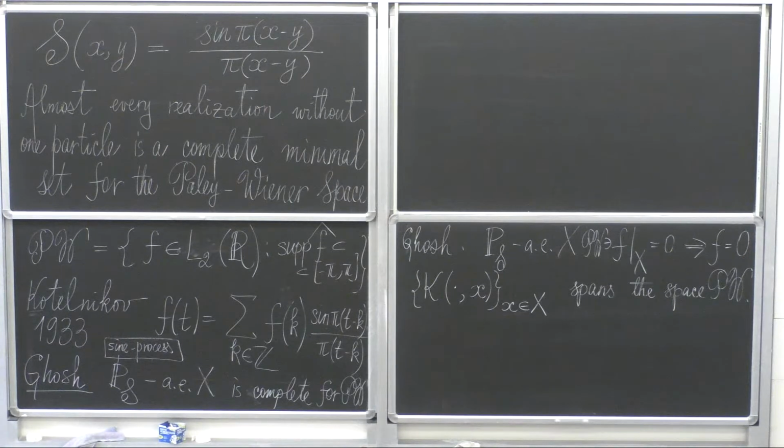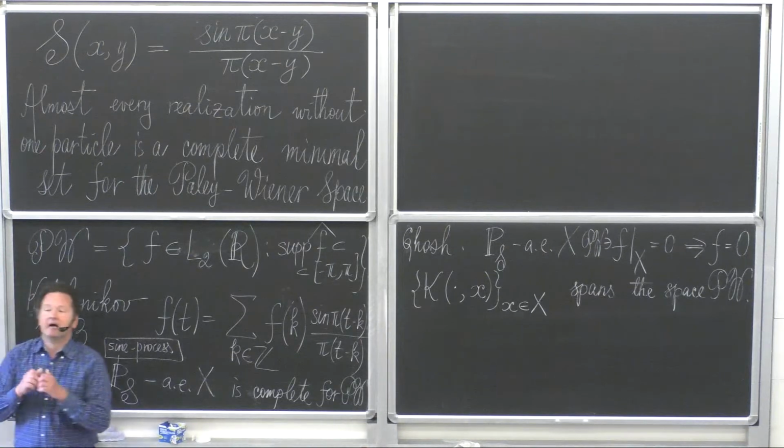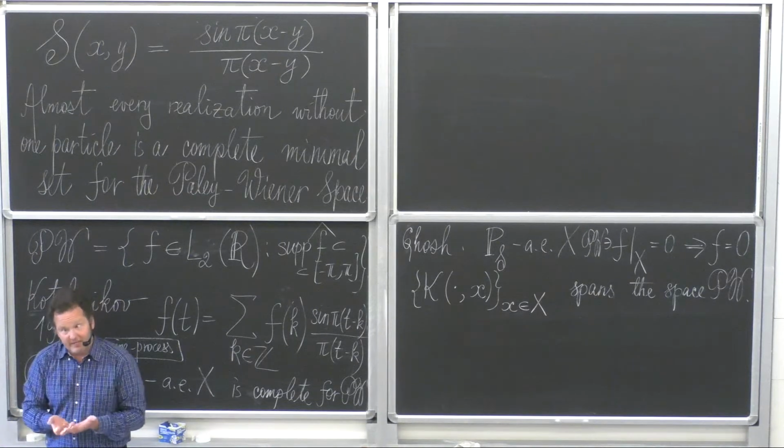So, there are many ways in which a set can be a complete set. For one thing, the question which this result addresses is whether it is a minimal set. What does it mean?